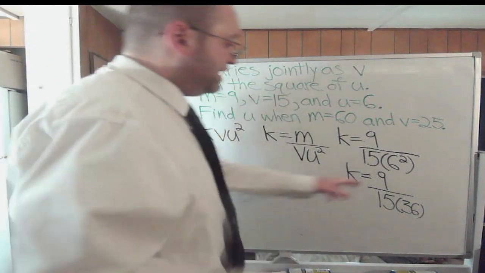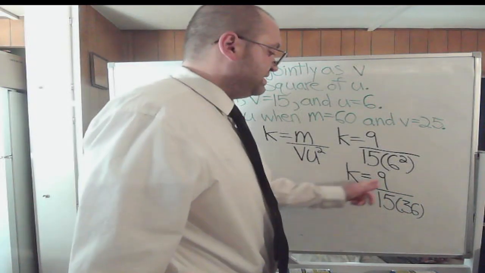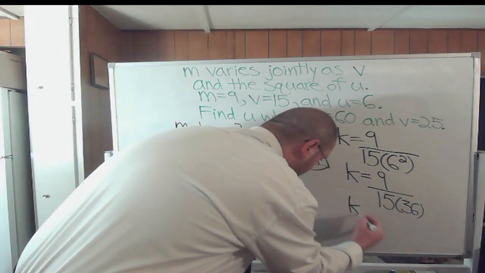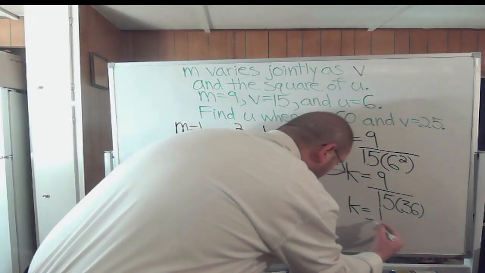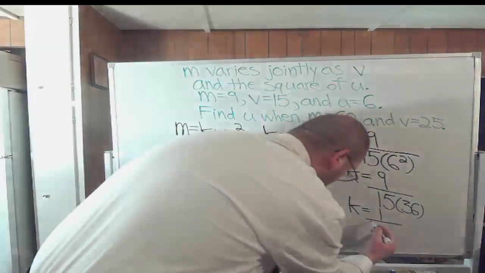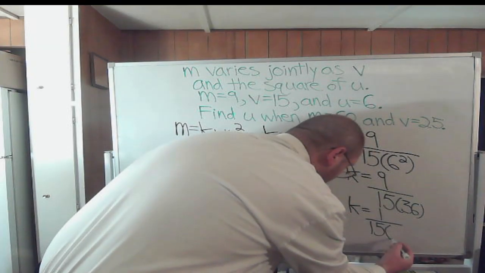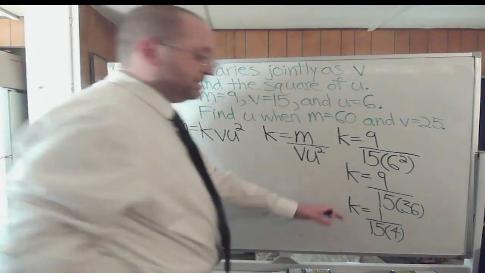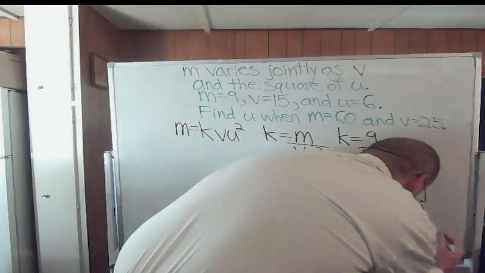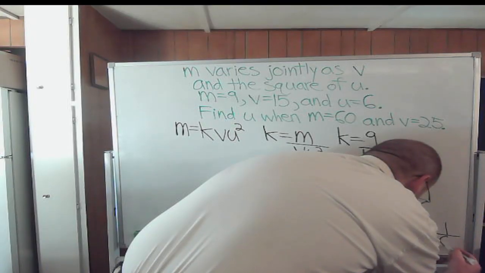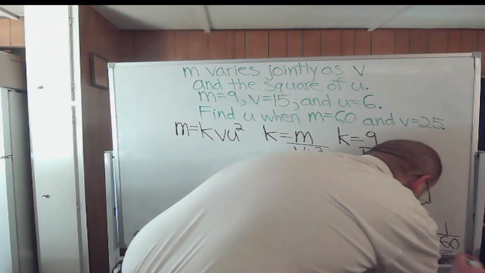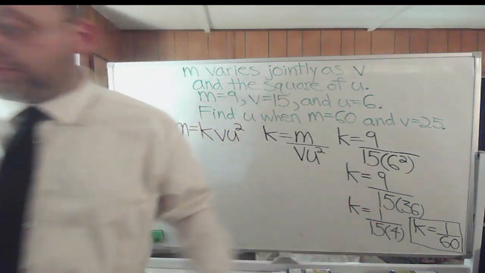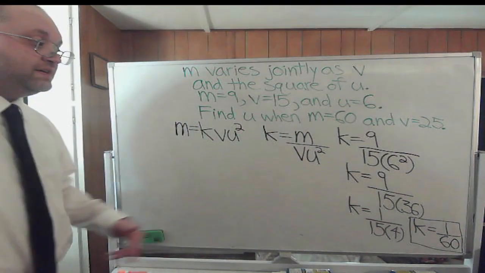Well, the 9 and the 36 help reduce because 9 goes into 36. So if we divide the numerator of 9 by 9, you get 1 over 15. Now 36 divided by 9, that's 4. So you have 1 over 15 times 4, which turns out your constant of variation will be 1/60th. So your constant of variation for this particular problem is going to be 1/60th.